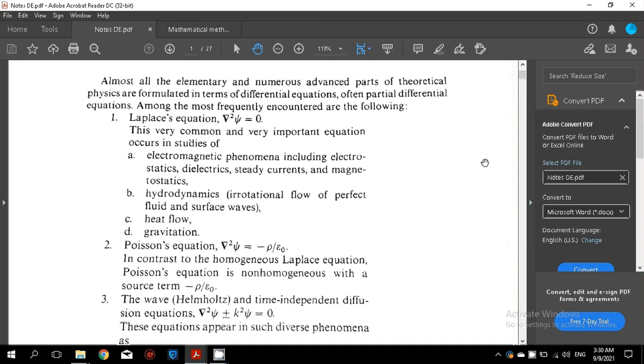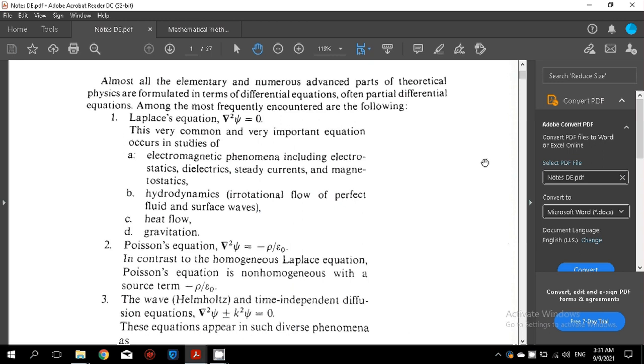Well, you know that the operator del is a partial differentiator. So in fact this is a partial differential equation, and psi is the function which will represent any function of physics.